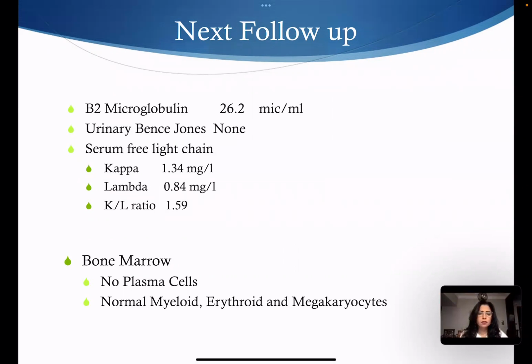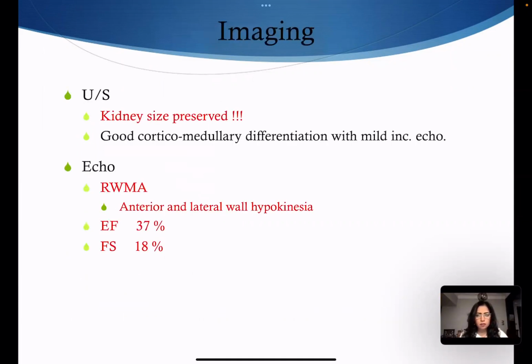Again, the free light chain, the kappa, the affected chain, was at a very good level, and the bone marrow for the fourth time now showed less than 10% plasma cells, almost 3% this time, and this means again a hematological response.